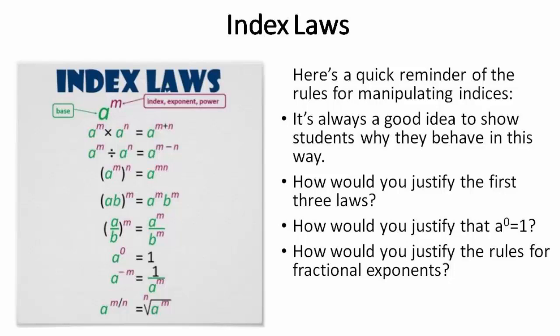So whether it's 5 cubed divided by 5 cubed, or for that matter n cubed divided by n cubed, you can see the answer must be 1 because you're dividing something by itself, and that answer is always 1. So the reason that anything to the power of 0 equals 1 is simply to make that second index law absolutely infallible. It's to make it work in every single case.